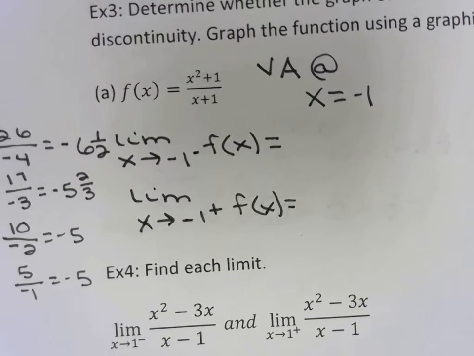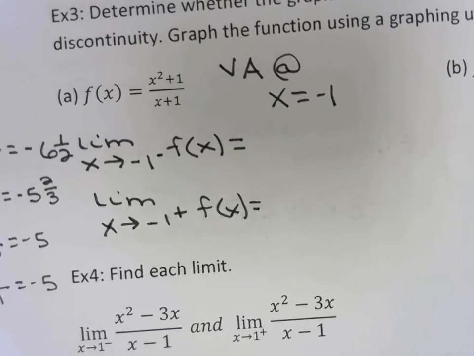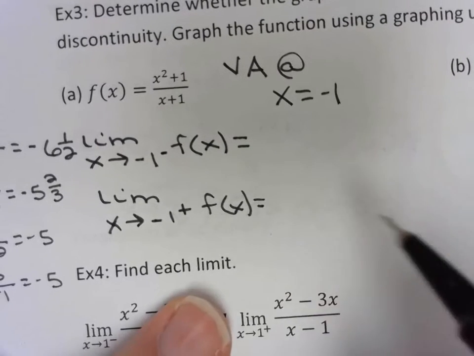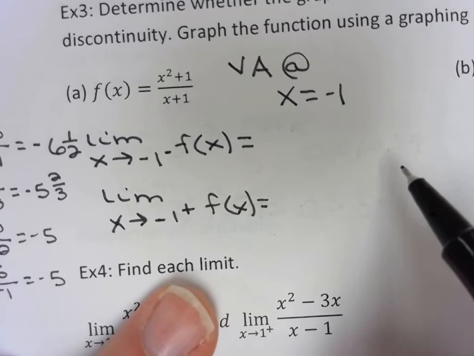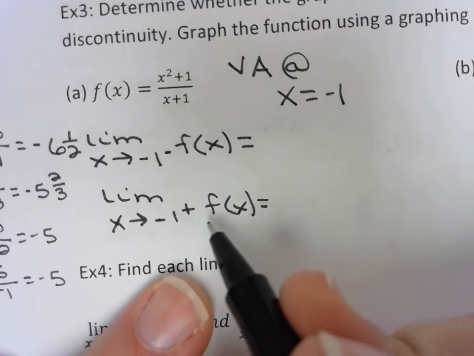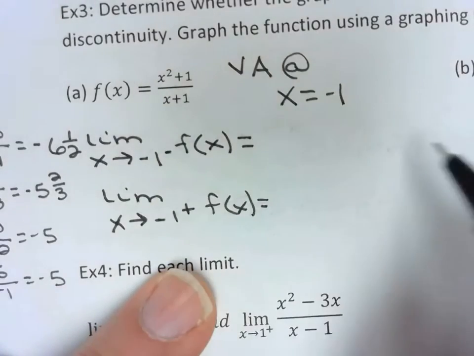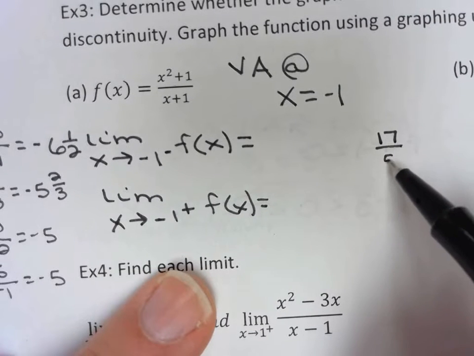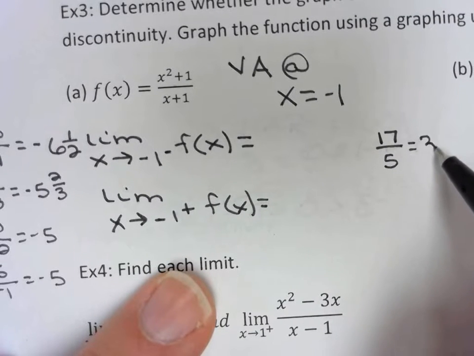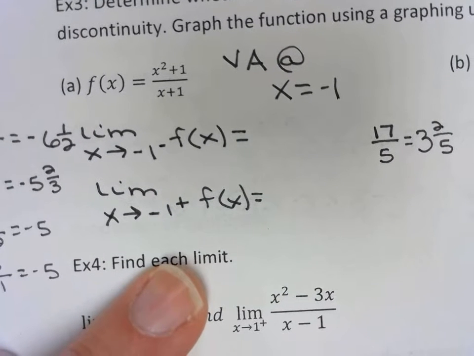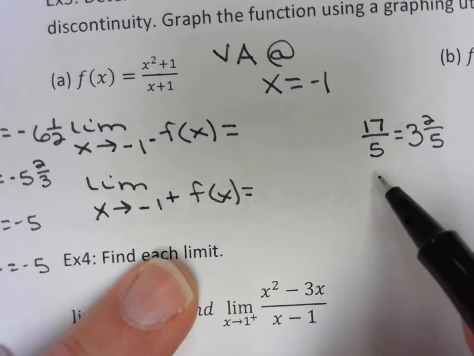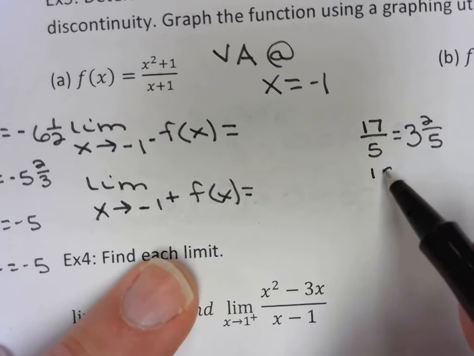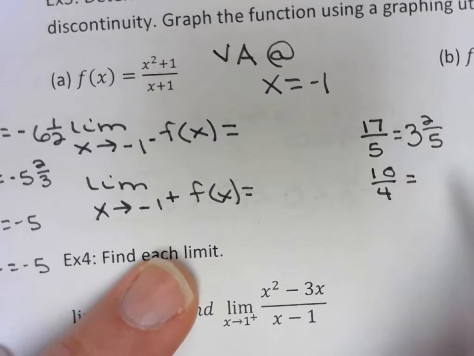So as I try it from the right, we can start with 4. If I plug in 4, I get 17 over 5. So 3 2/5. As I plug in 3, I get 10 over 4.